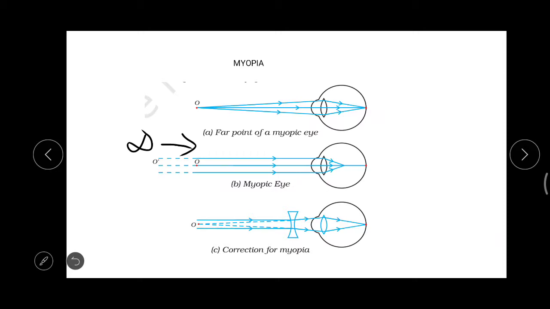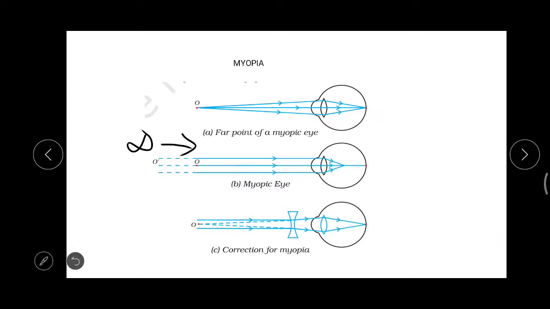He cannot see the distant objects, and for him the far point will be less than the far point of a healthy person. Following?